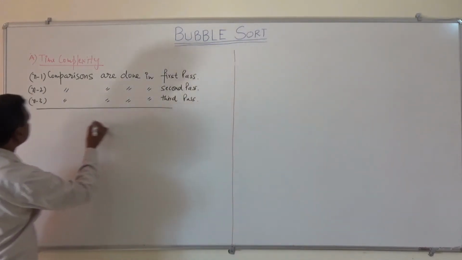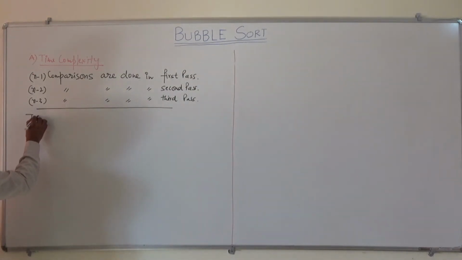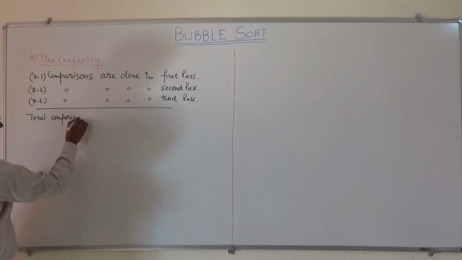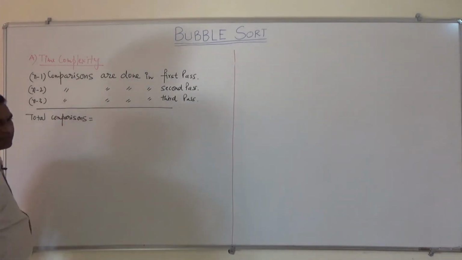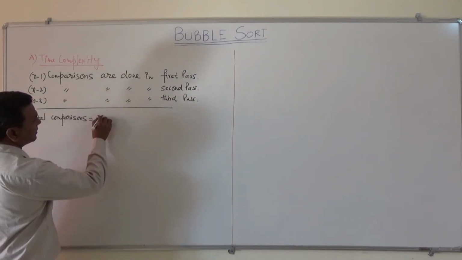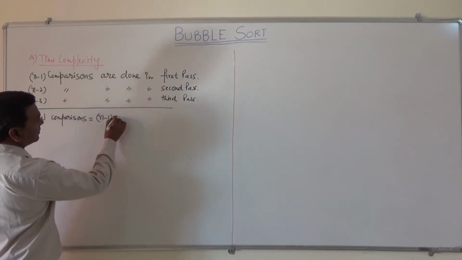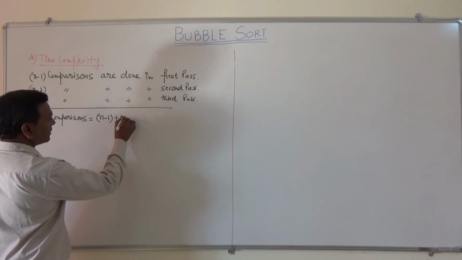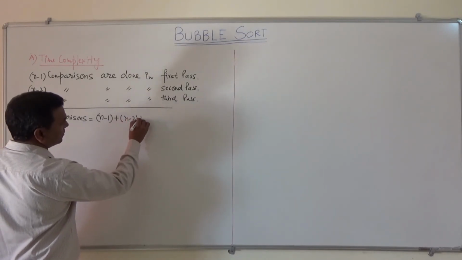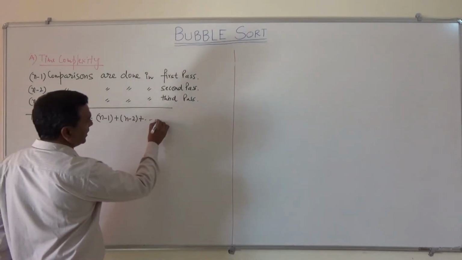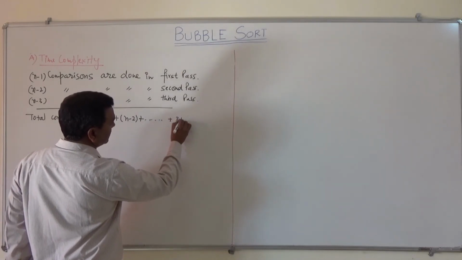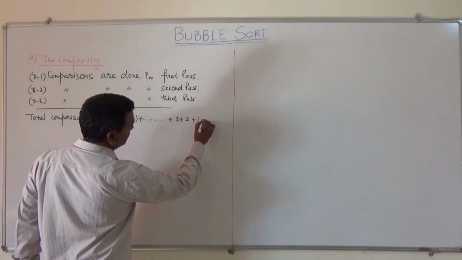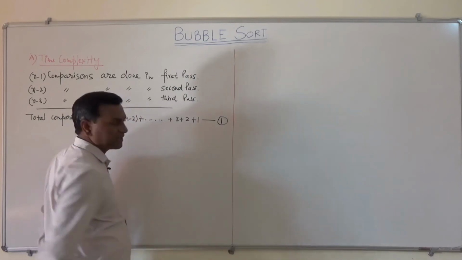So the total number of comparisons can be given as n minus 1 plus n minus 2 plus and so on, 3 plus 2 plus 1. Say this is equation 1.